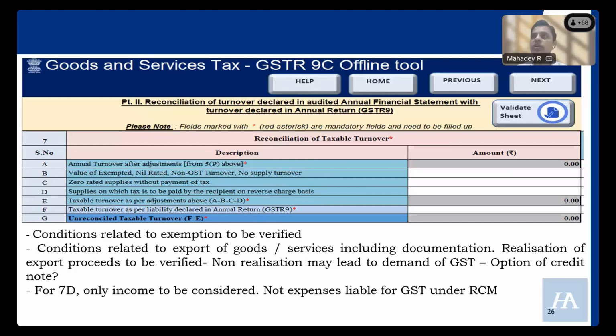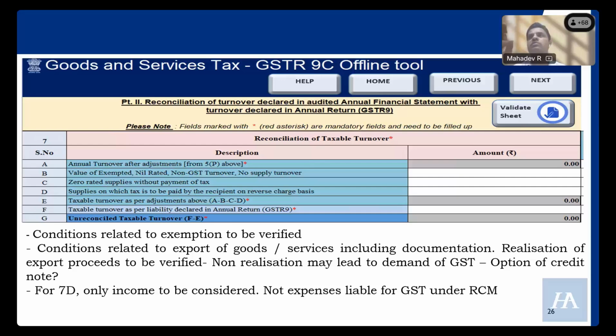Whatever amount you mention in 5O, my suggestion is you give the breakup in this table number 6, wherein you can write also. You can say 5O consists of 1 crore rupees, wherein 50 lakhs is towards bank interest, 20 lakhs is towards scrip sale, and some other reasons.